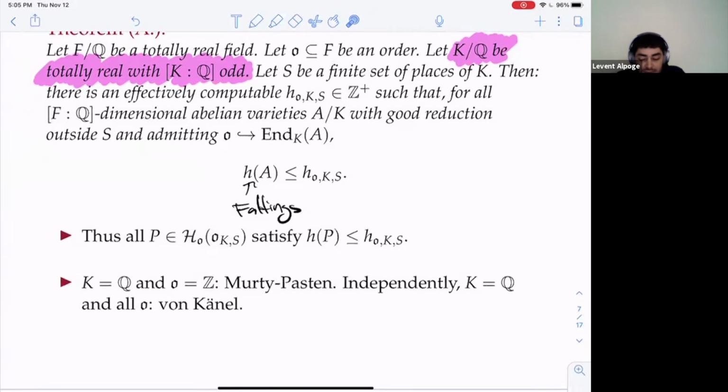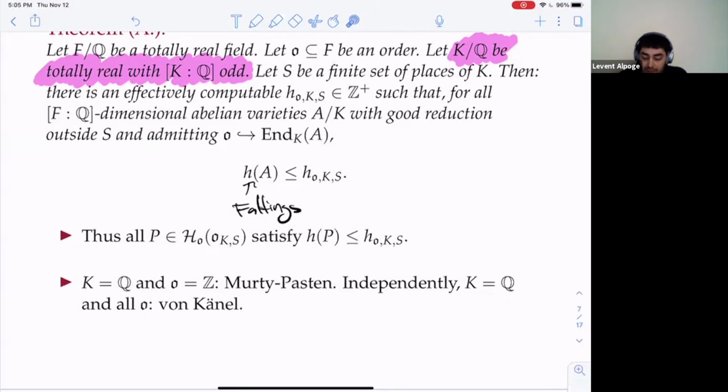I'll show you the argument in a second over Q. But anyway, I just want to say Murty and Pasten did this over Q for elliptic curves, and they get very good, very practical bounds. And Rafael von Känel independently and simultaneously, I believe, did this over Q and for general rings of endomorphisms, also getting practical bounds. And both used modularity.